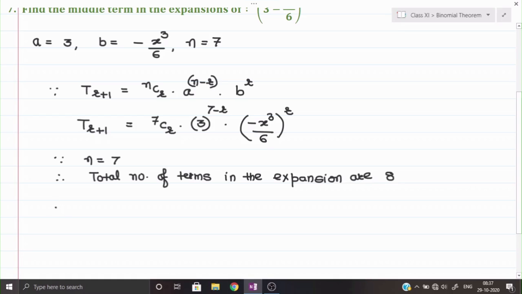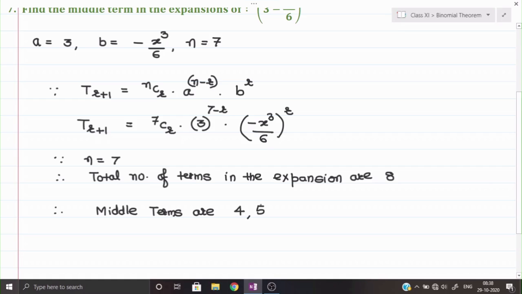Therefore, the middle terms are the 4th and 5th terms. So these are my middle terms.